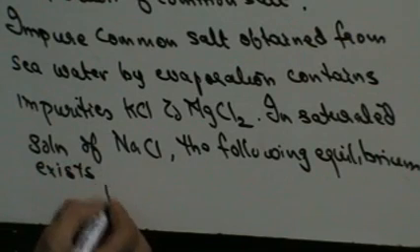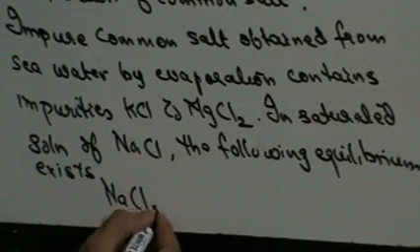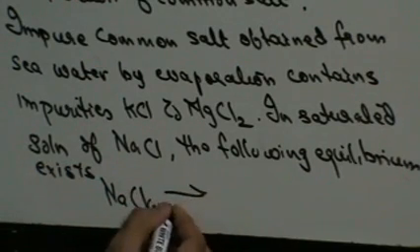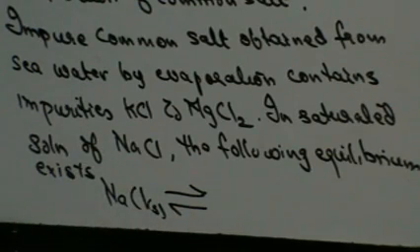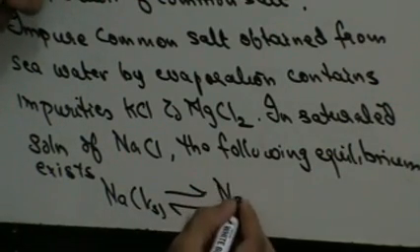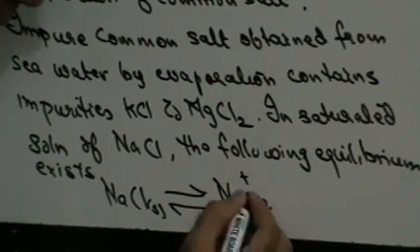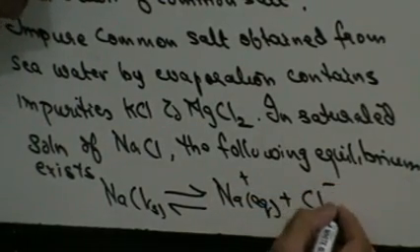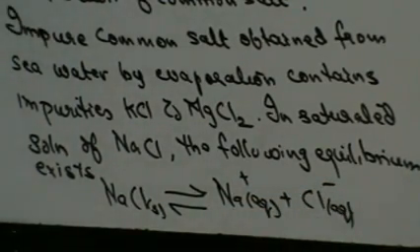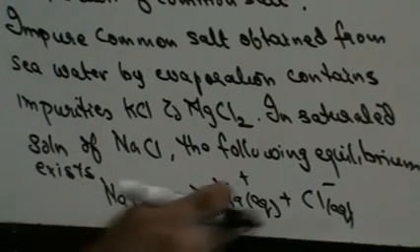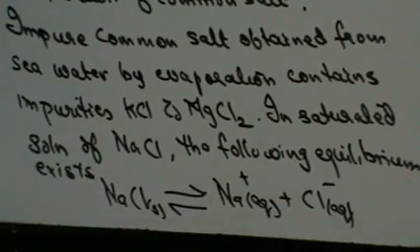Sodium chloride, solid, dissociates in solution form to give you aqueous sodium ions plus aqueous chloride ions. Simple. When I dissolve sodium chloride in water, I'll get sodium ions and chloride ions.